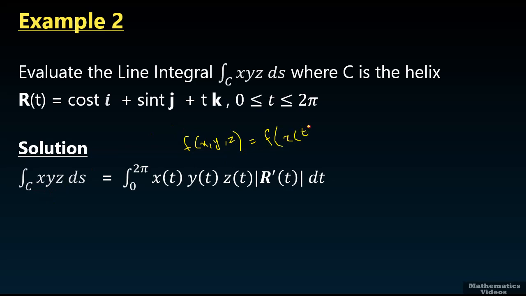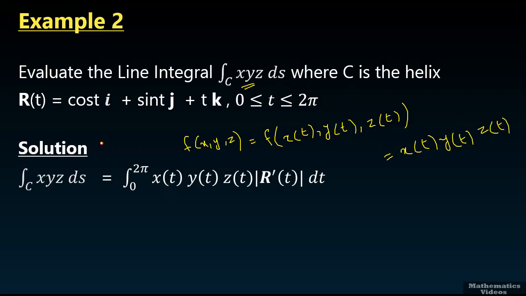So for this, x will be written as x of t, y as y of t, and z also in terms of t. Since f of x, y, z is just equal to xyz, this f in terms of t is just equal to x of t multiplied with y of t multiplied with z of t.